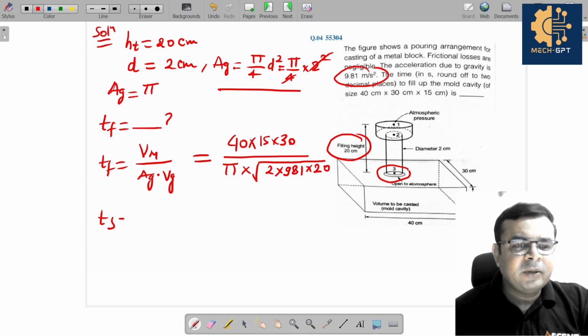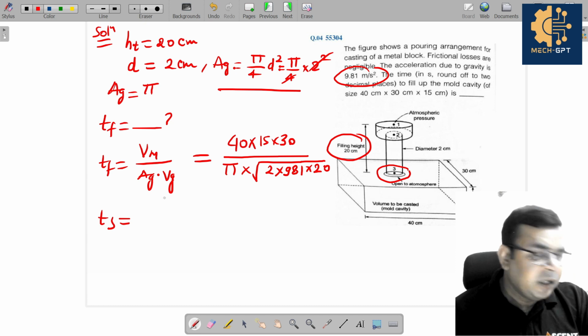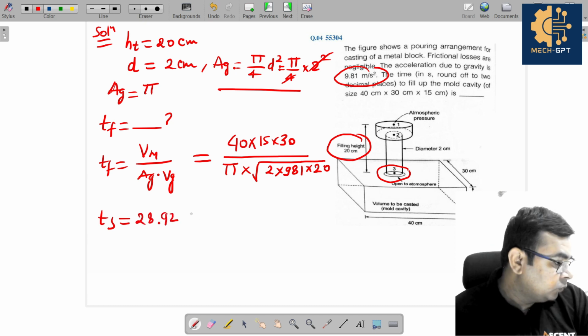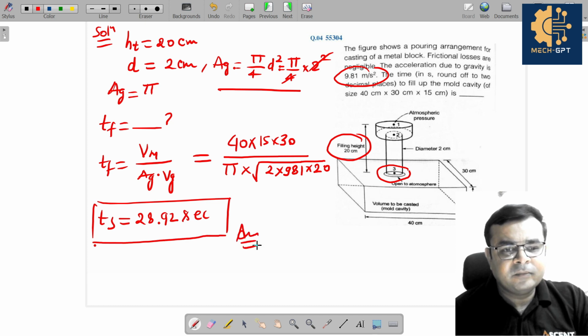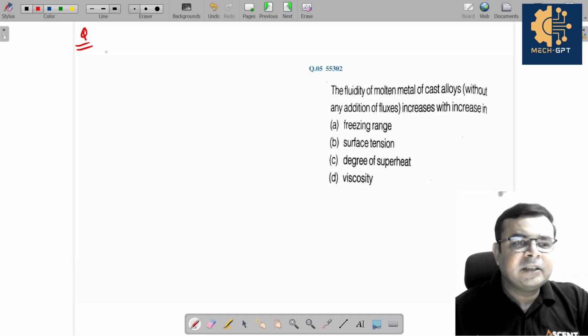So after simplifying this expression, here we get 28.92 seconds, 28.92 seconds. Is it clear? So this is the right answer. This is a very simple question, so don't worry about this. Okay, let's see another question.